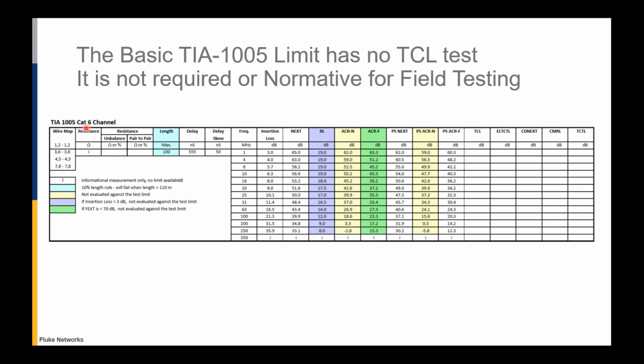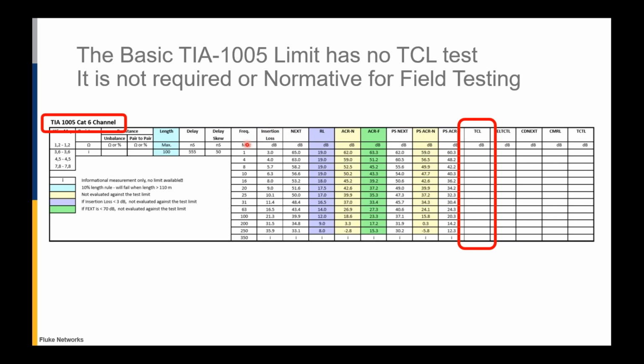TCL has existed for a long time, but in the past, older cable testers weren't able to test TCL in the field. Modern cable testers can test TCL in the field. And so we see that on this minimum requirement test, there is no requirement for TCL.